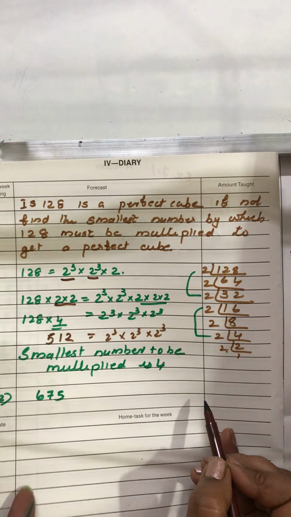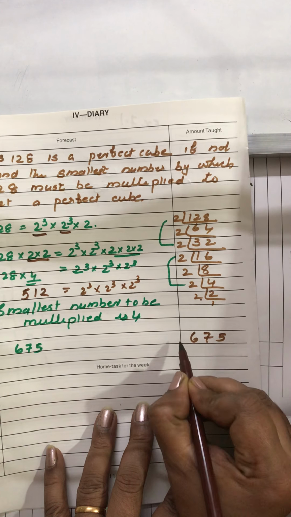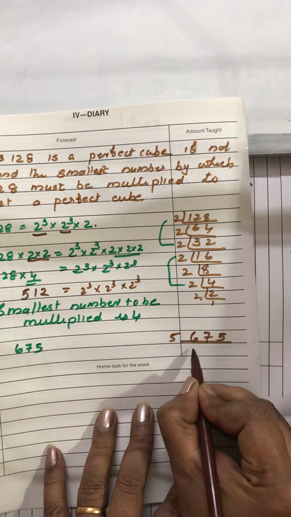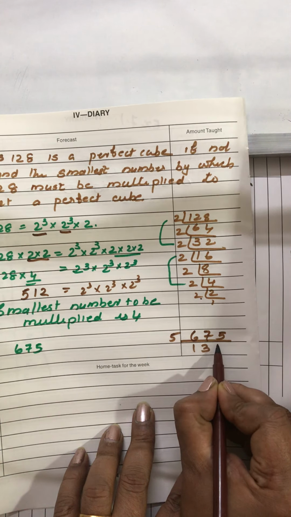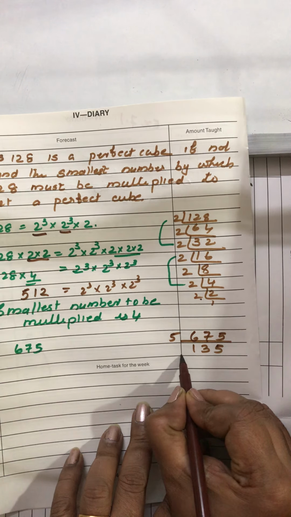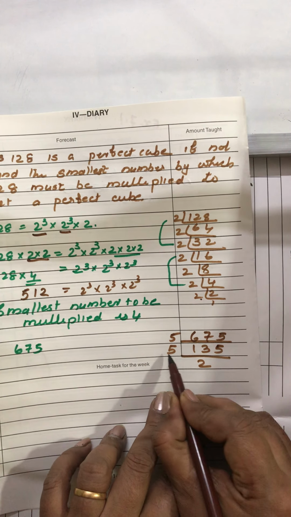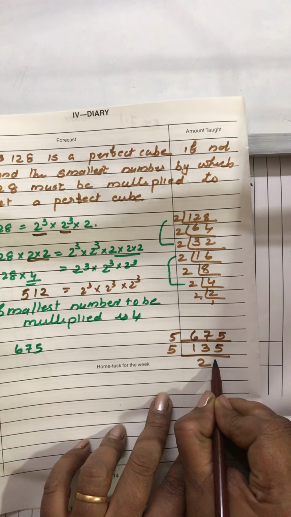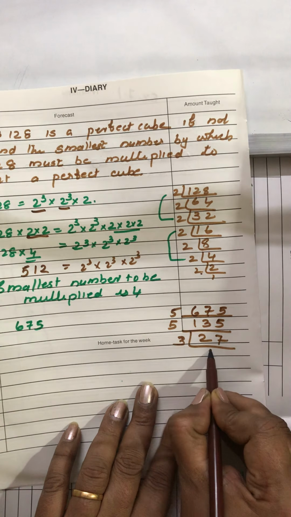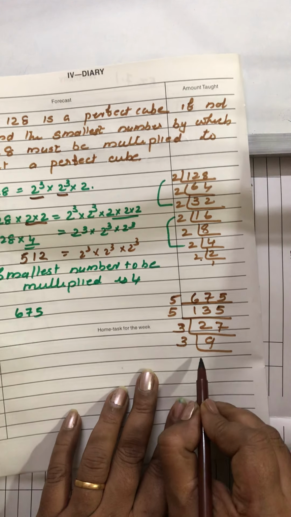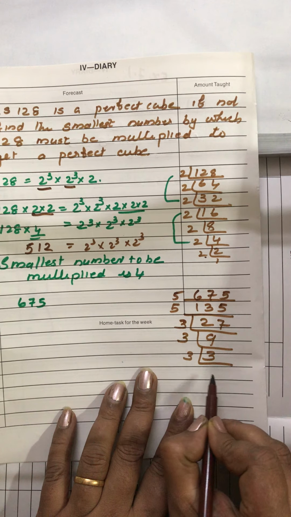675. I am going to show the division also. 675 divided by 5 is 135, then 5 times 27 is 135, again with 5 gives 27, then again with 3, 9, again with 3, 3, again with 3, 1.